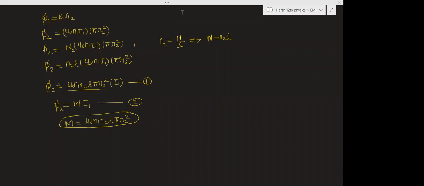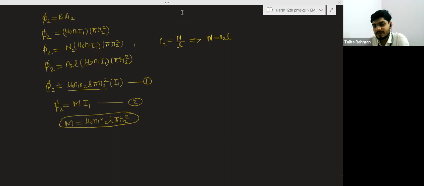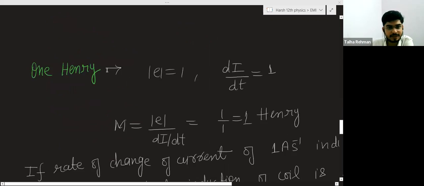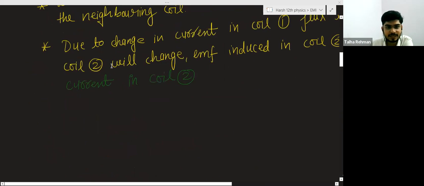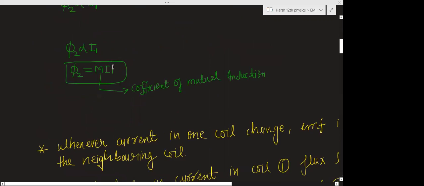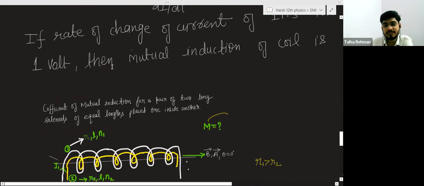From my side I think this chapter is completed, but one thing is left, that is self-inductance. So we should discuss that in tomorrow's class.